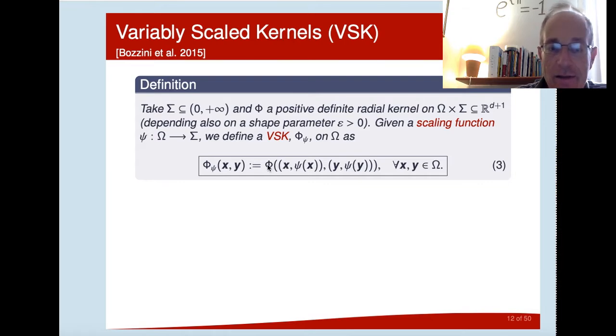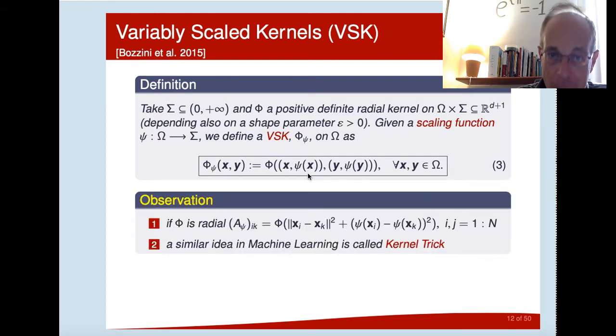So essentially it is the kernel Phi, in which the component in the (d+1)-th dimension is obtained by the scaling function psi.